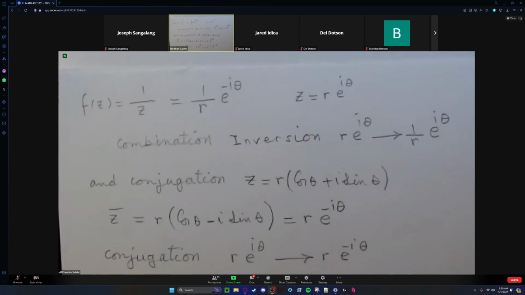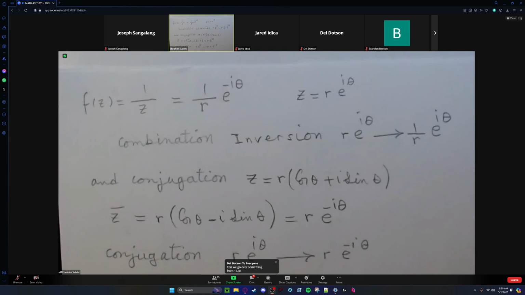This section 17.1 has a lot of material in it. So I touched these three functions, but next time I'm going to talk about some other beautiful facts in 17.1.